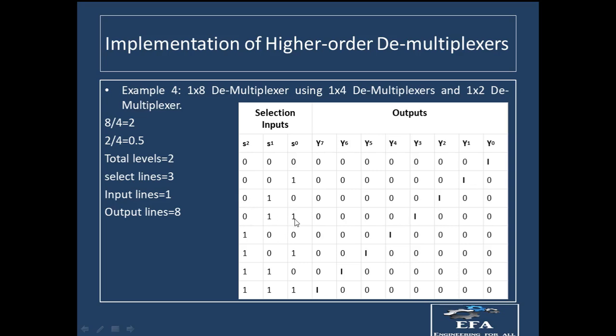If you are having 0 1 1, it will be going to Y3, the next one will go to Y4, next to Y5, next to Y6, and the last one to Y7. So you can see that we will be having the inputs directed onto the outputs in this manner: in the first condition at Y0, then Y1, Y2, Y3, Y4, Y5, Y6 and Y7, and all the other outputs will be equal to 0 when one of the outputs is receiving the value.